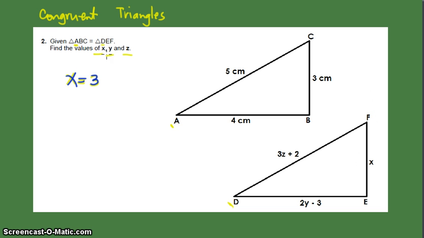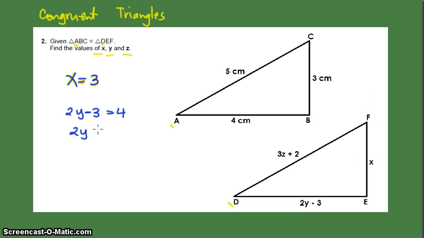Now, suppose you want to find the value of y. I can see an expression containing y, and that is the measure of the side DE. And from what we said earlier, the side DE corresponds to the side AB. So since the two triangles are congruent, 2y minus 3 is equal to 4.